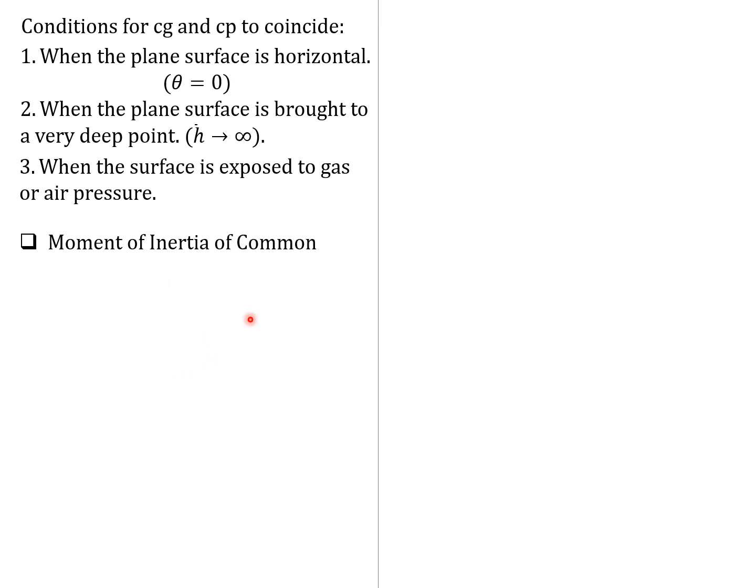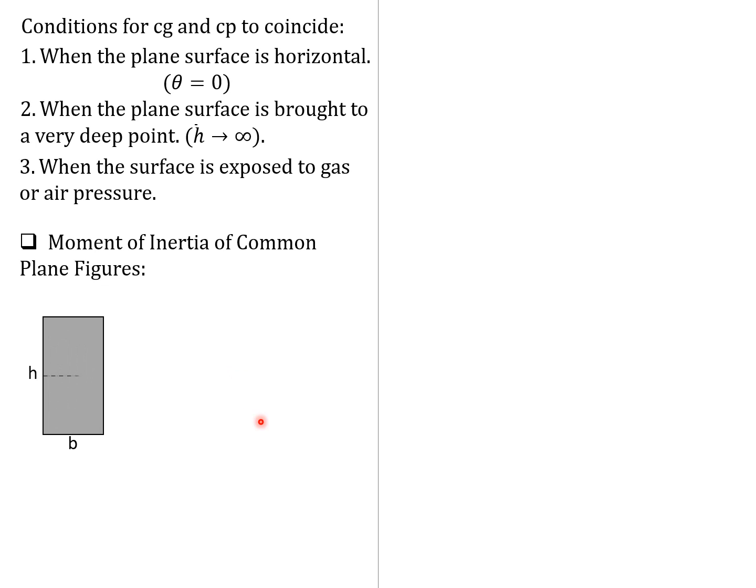So, for moment of inertia of common plane figures, let's have a review. Let's make it fast because this is not the time to review them. You're supposed to know them already from integral calculus and from statics, so it's a waste of time to derive them.